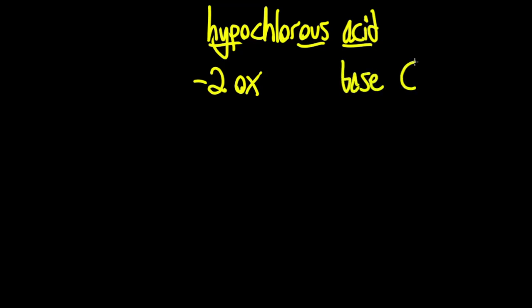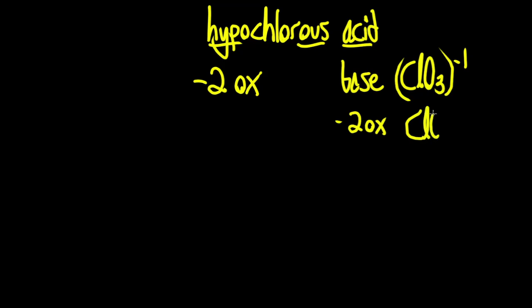Base again is ClO3, -2 oxygens. It's going to be just ClO with a -1 charge. So hypochlorous acid is going to be HClO.